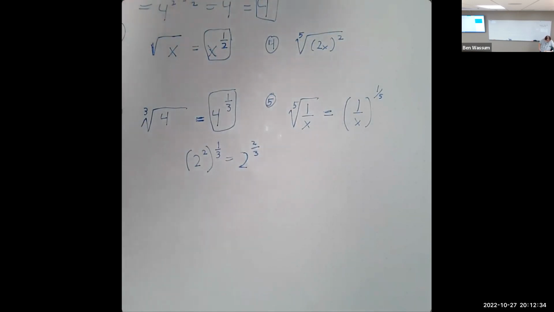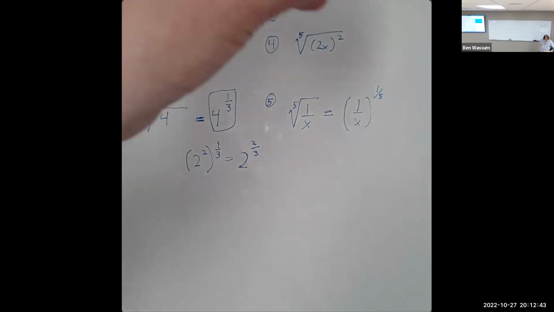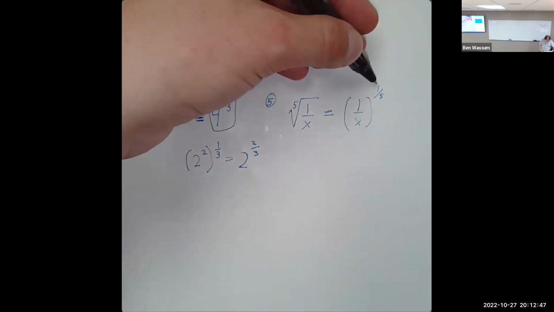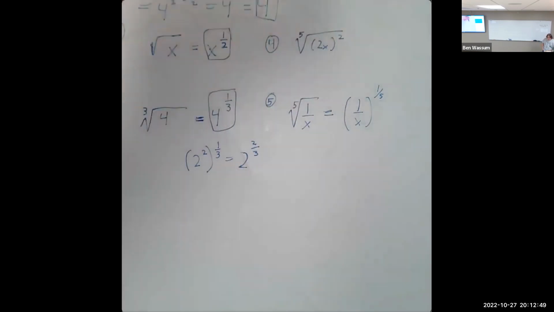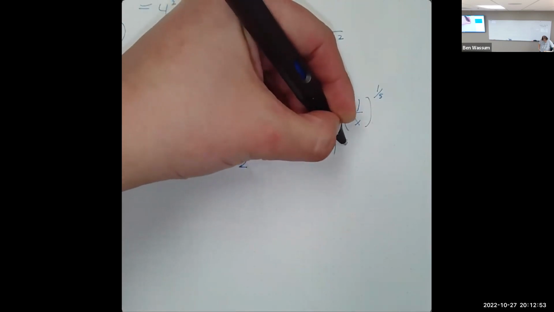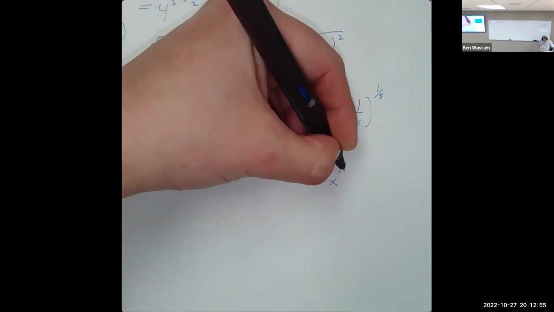Awesome. All right. So what happens when I have an exponent outside of a set of parentheses? It distributes to everything inside the parentheses. Every time. No exceptions. These are no different. If I had a square here, it would still distribute through there, right? Well, we end up with 1 to the 1/5 over x to the 1/5.